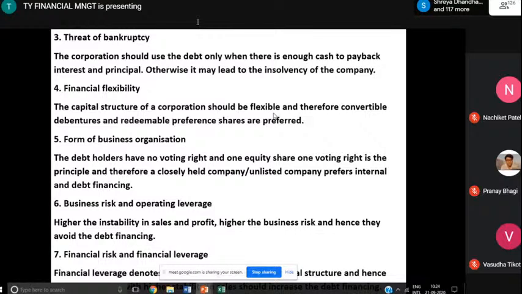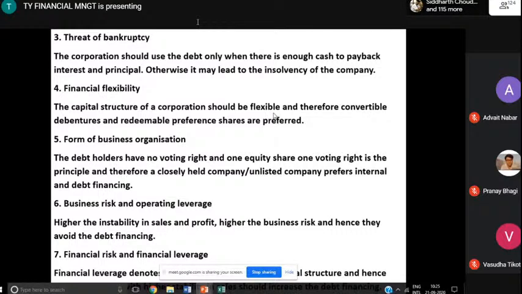And therefore, a closely held company, if I say closely held company, you may not understand, therefore I wrote unlisted company. Unlisted company prefers internal financing. What is internal financing? Retained earnings.